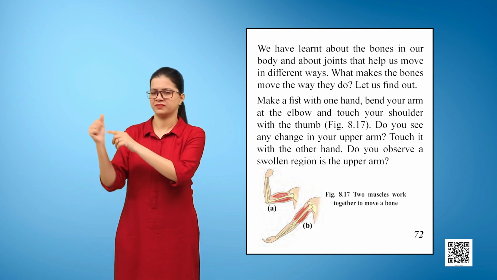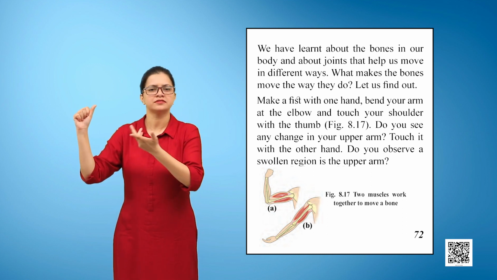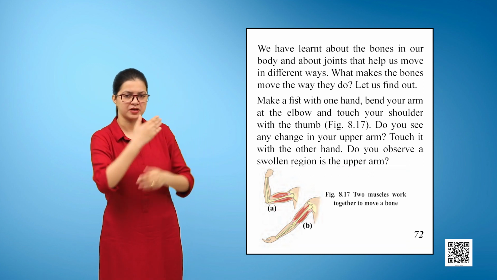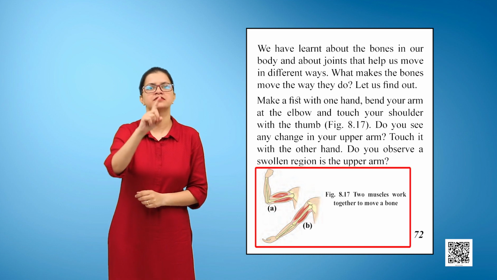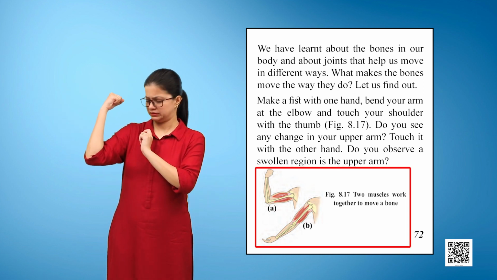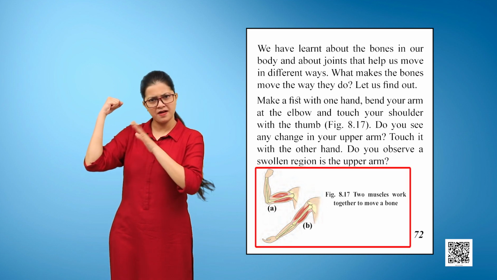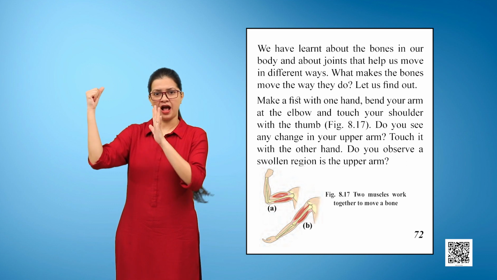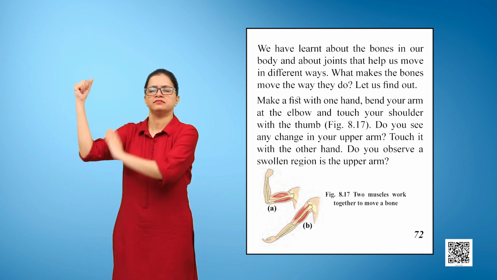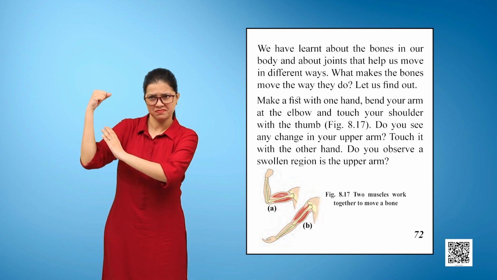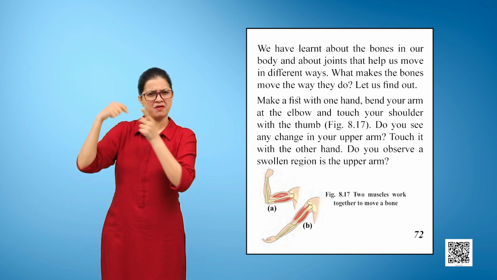Bend your arm at the elbow and touch your shoulder with the thumb. Figure 8.17. Do you see any change in your upper arm? Touch it with the other hand. Do you observe a swollen region in the upper arm?